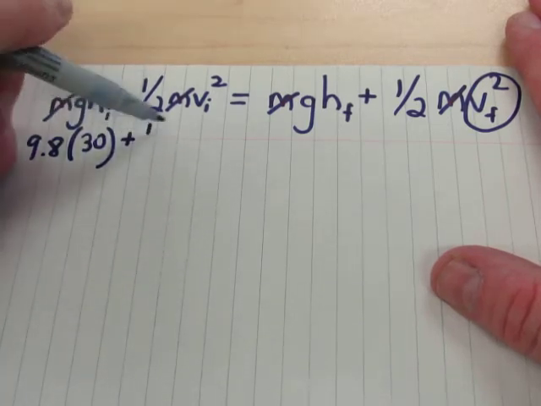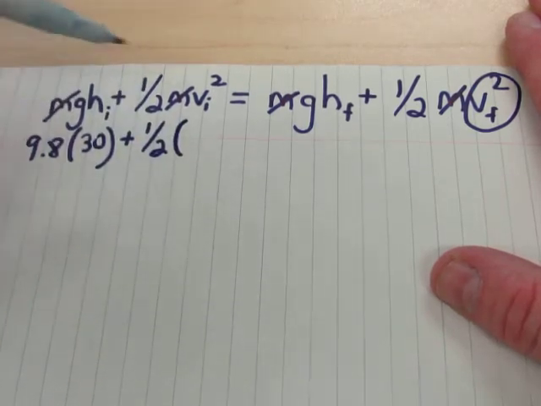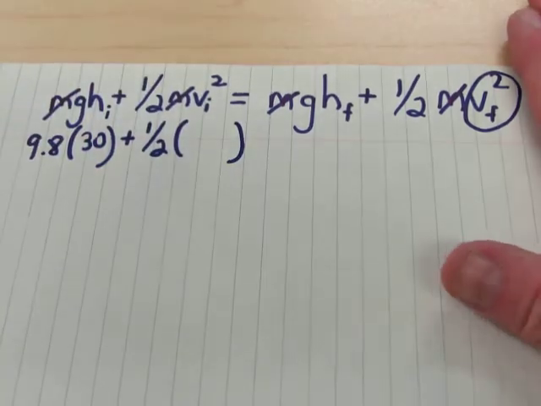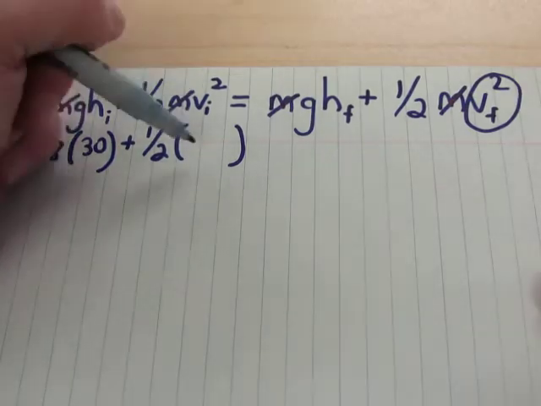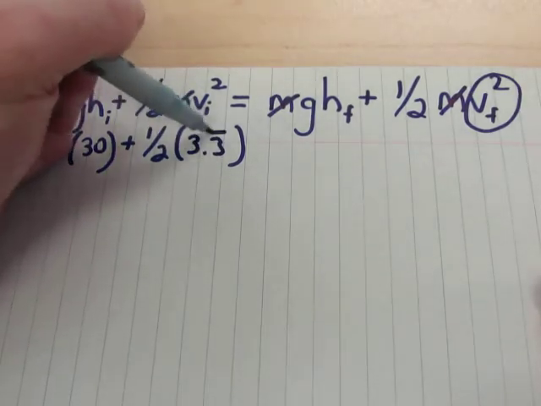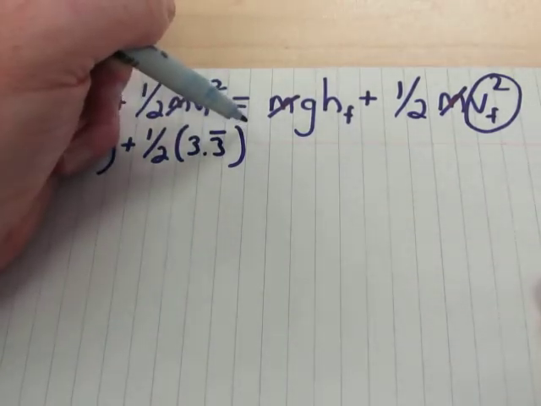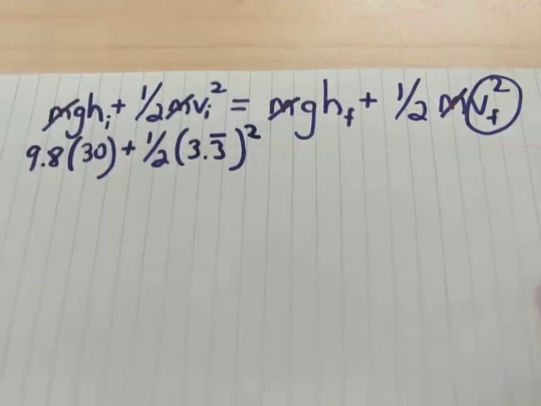Then there's a 1/2, the mass canceled, so the initial speed is 12 kilometers an hour. I should have used numbers that didn't require any conversion here, but whatever. 12 divided by 3.6 is 3.3 repeating meters per second, and that's going to be squared.